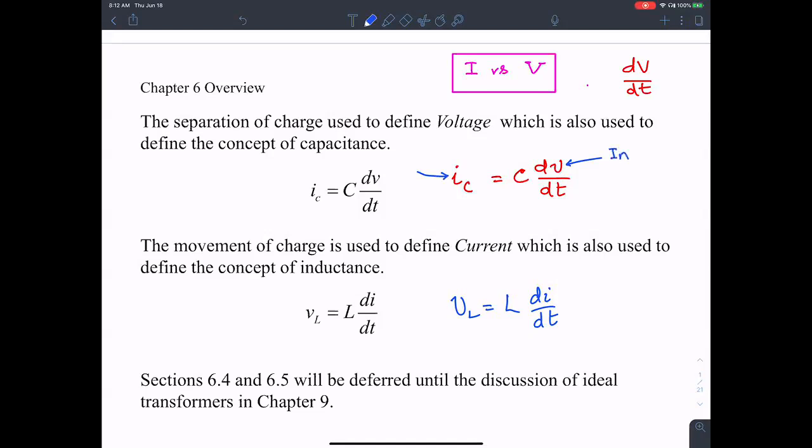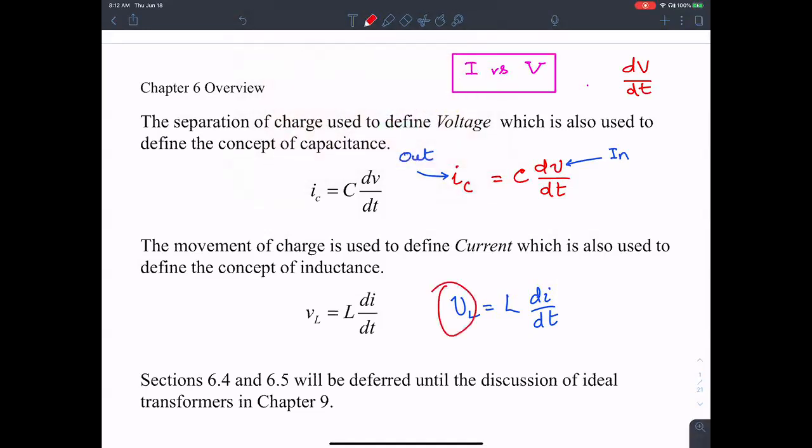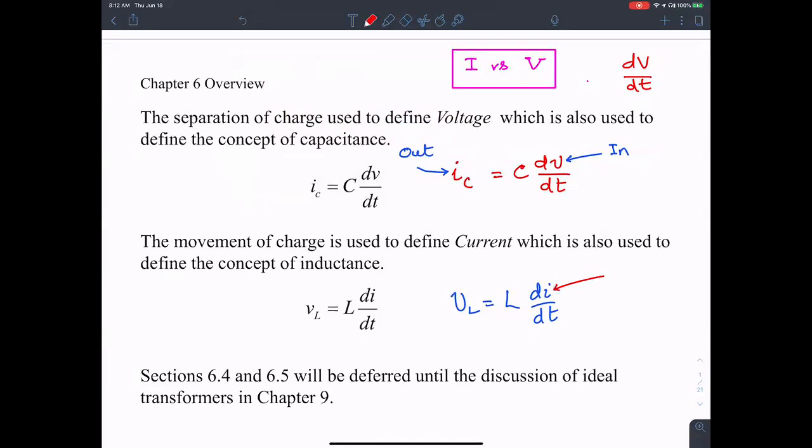Similarly, in an inductance, the voltage that is set up across the terminals of an inductor depends on the current. Here the current is the independent input, and the voltage is the output. That's the output voltage of an inductor.